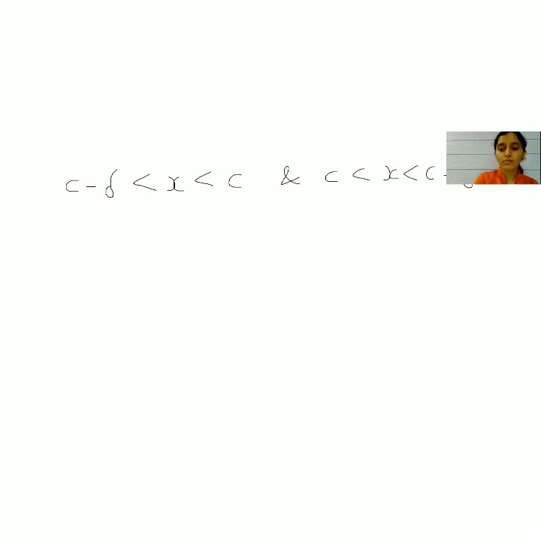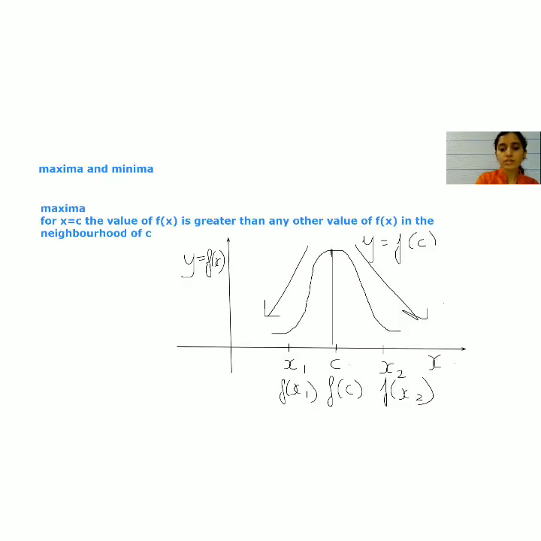This is what, from our graph, if you observe, it is this part. Okay, x1 can be called c minus delta, a small interval, and x2 can be called c plus delta, a small change in value of x.